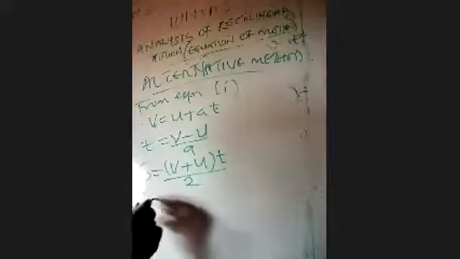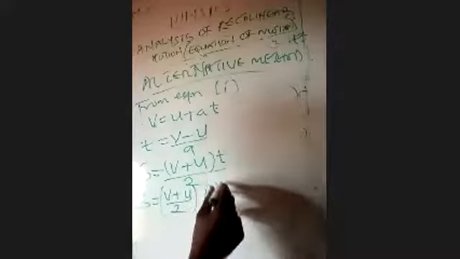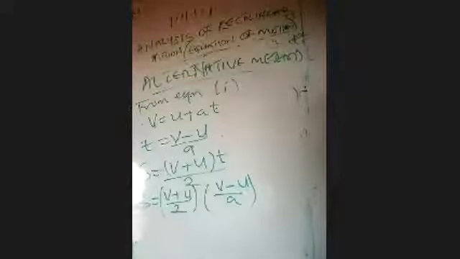So with that now, our speed can be equal to v plus u all over 2 and v minus u all over a. Considering this, v minus u all over a.